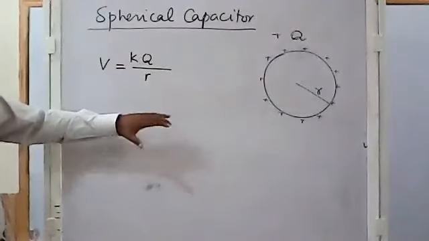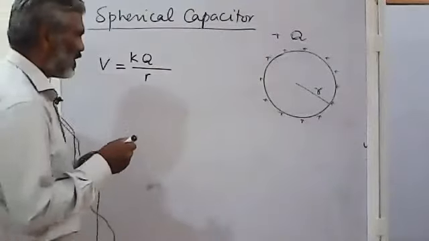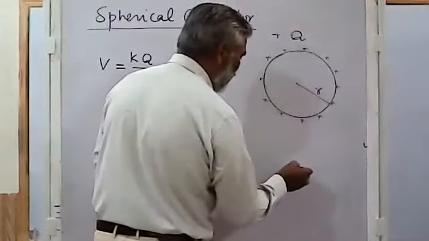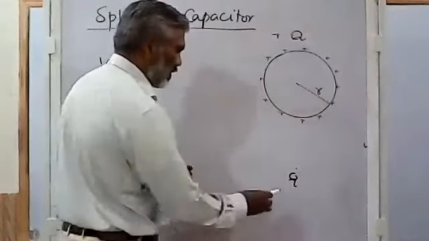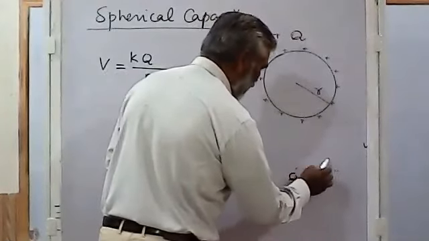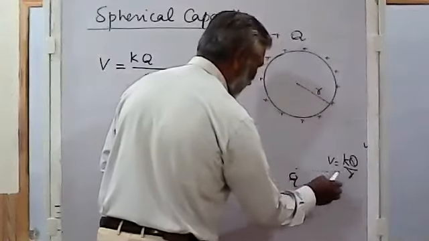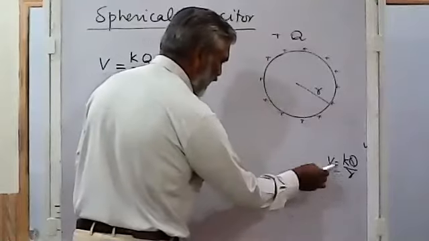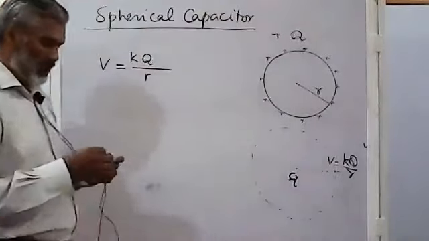All that charge behaves as if it is concentrated at the center here, and it is just like a point charge, and at a distance r from it, the value of V is kq over r, and at all other points at the same distance we have the same value of potential.